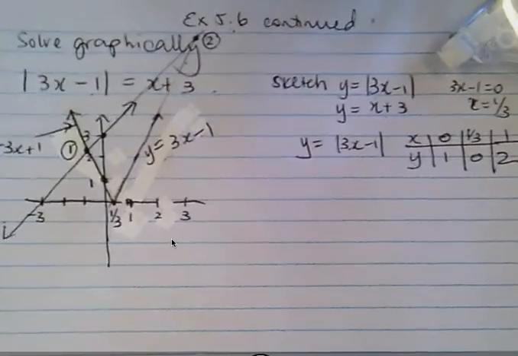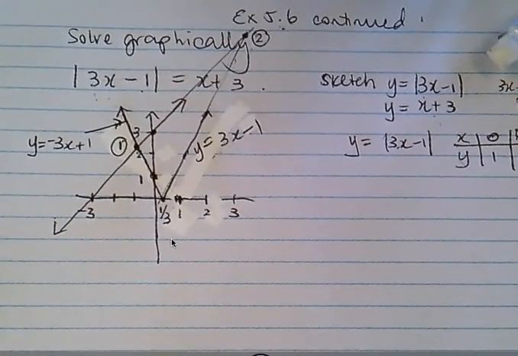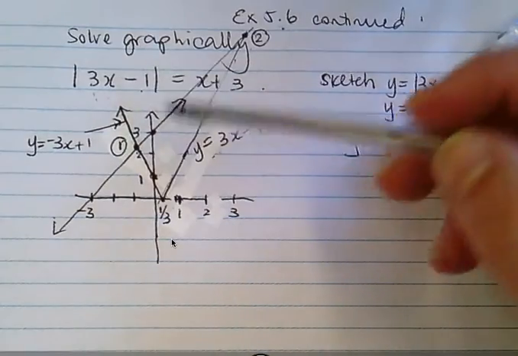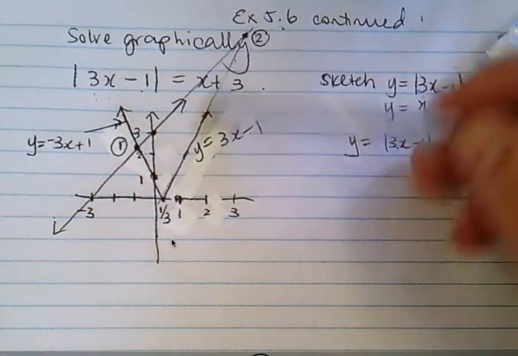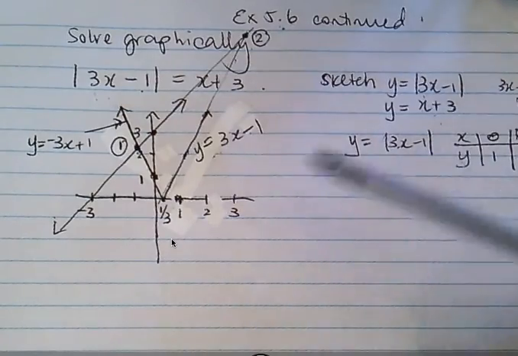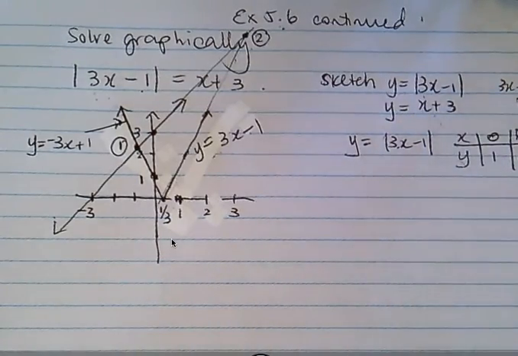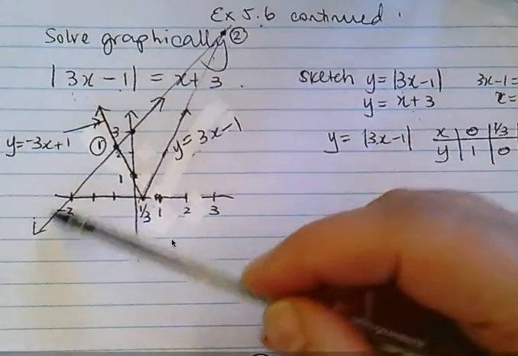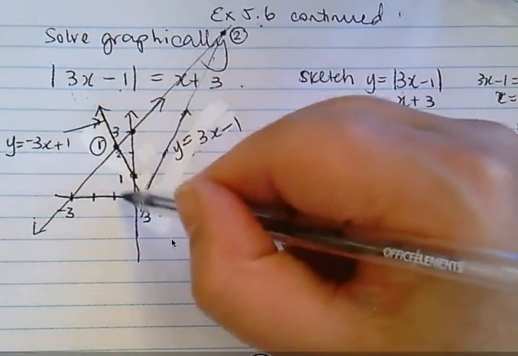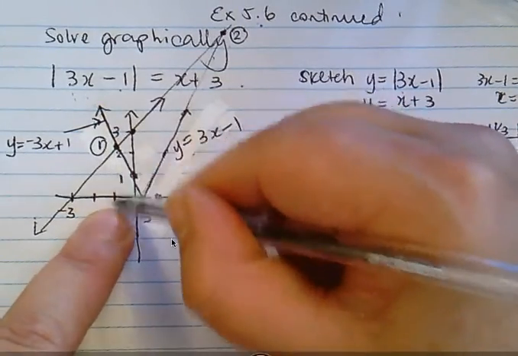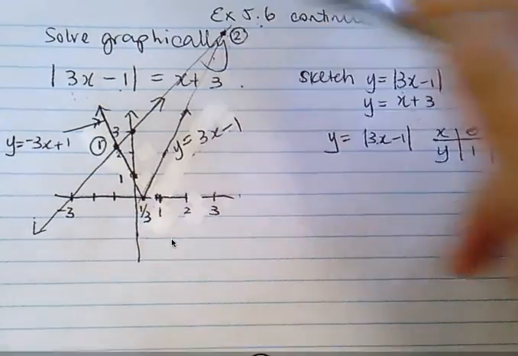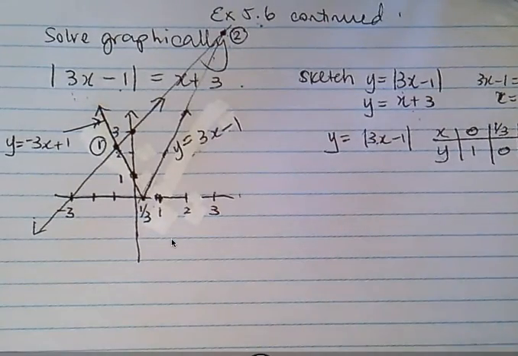So now we are actually going to solve algebraically after all. What this is asking is, where are the points of intersection of the graphs y equals the absolute value of 3x minus 1 and y equals x plus 3? One of them will be roughly around -1 and the other one's probably up at 5 or something like that, or 4. Okay?